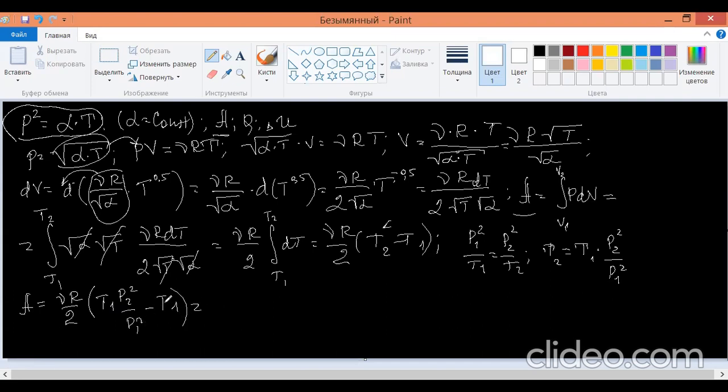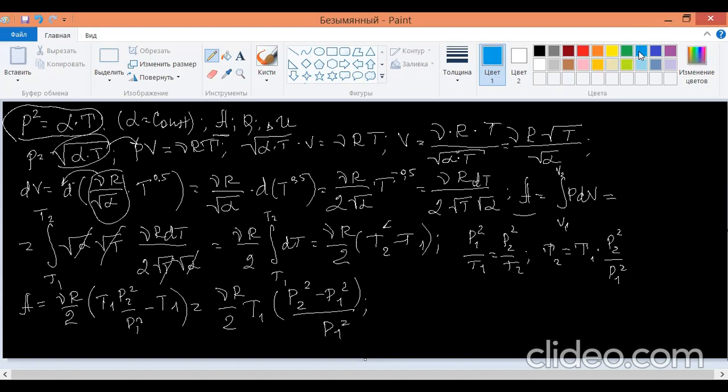So we can factor it by putting T1 before the round brackets, and we'll get nu times R over 2 times T sub 1, times, within the brackets, P sub 2 squared minus P sub 1 squared over P sub 1 squared. And this is the final formula, which allows us to calculate the work done by the ideal gas, which is considered in this problem.